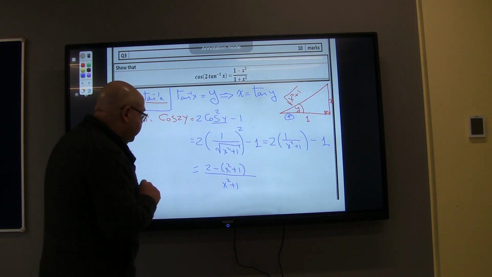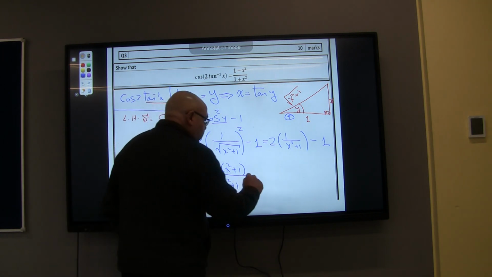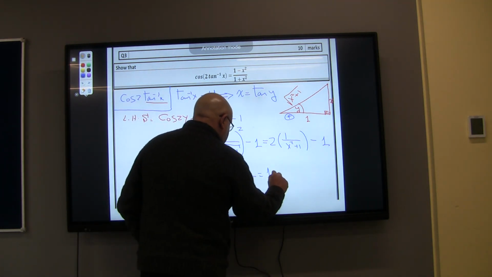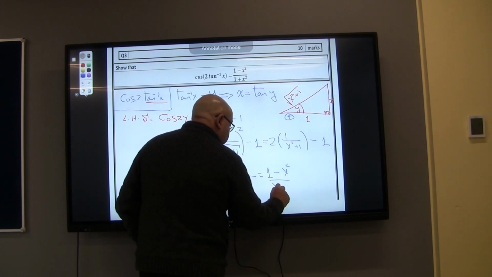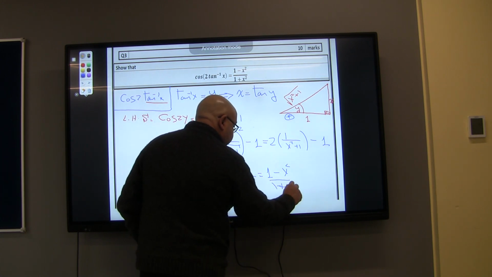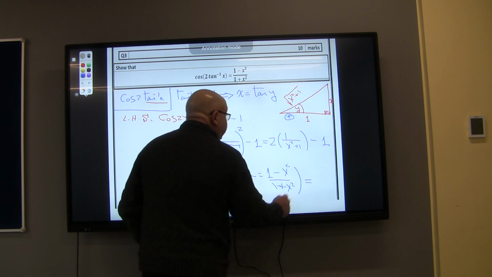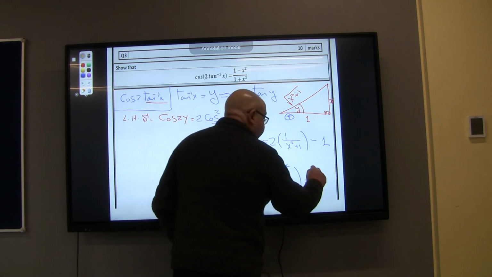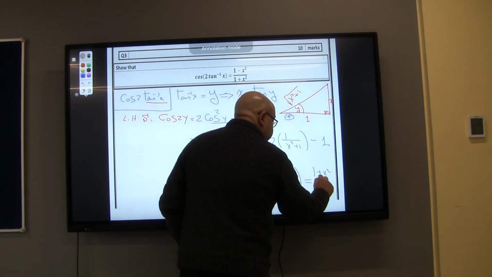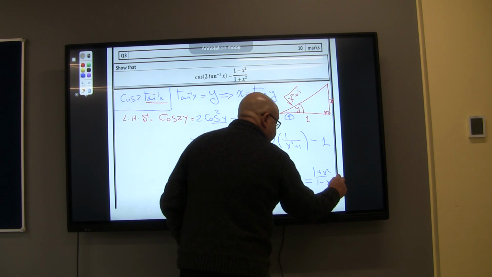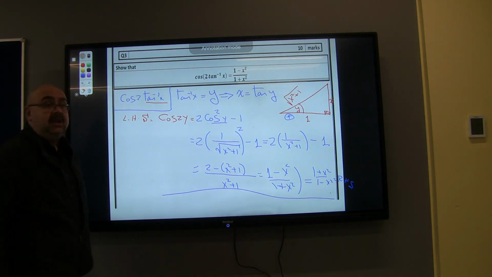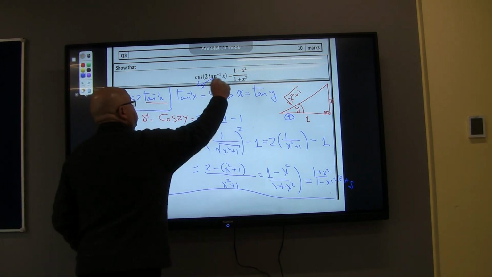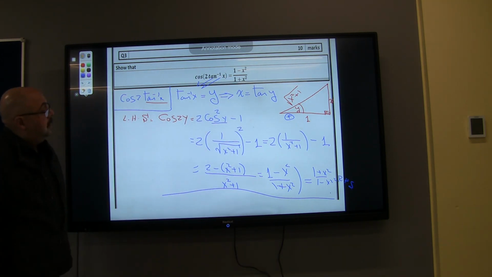And simply, as you can see, it will be 1 minus x squared divided by 1 plus x squared, which is exactly equal to the right hand side. So you succeeded in proving the relation that was required to be proved.